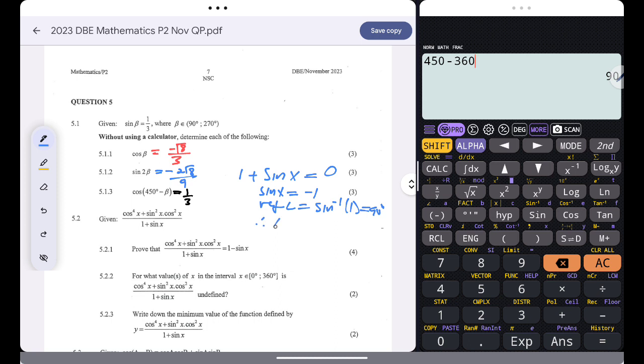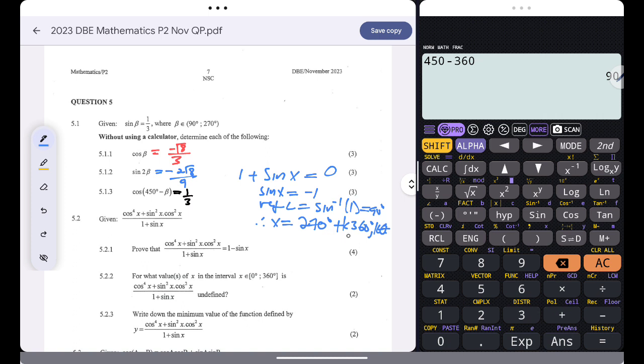So therefore, I'll simply say x is equal to 270 plus k360, where k is an integer. Since I'm given a restriction like this, they do not only want me to find the general solution, but they also want me to find the actual values of x.